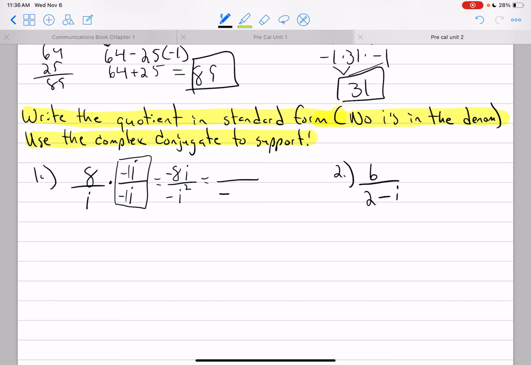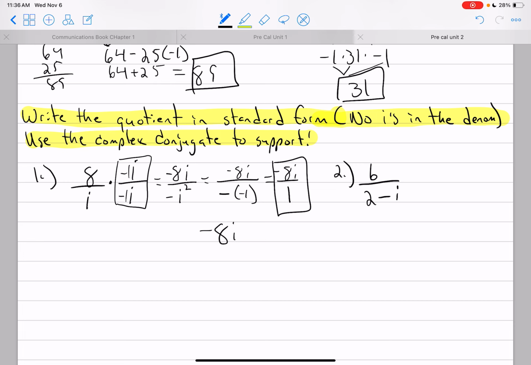I get negative, and then i squared is negative 1. And at the top, I just have negative 8i. And finally, at the bottom, I end up with negative negative 1, which is 1, over negative 8i. So my final answer is actually negative 8i.